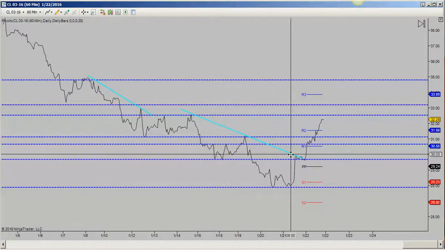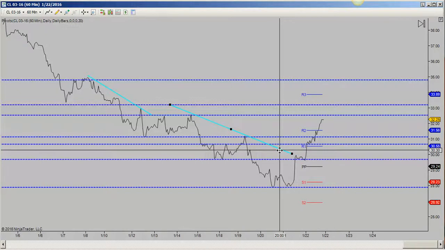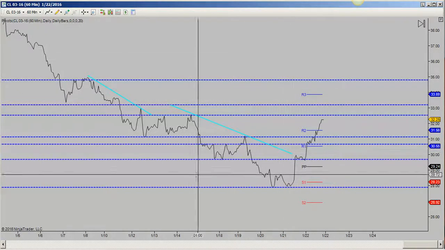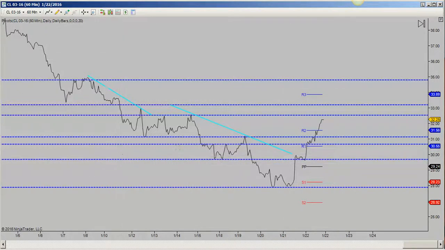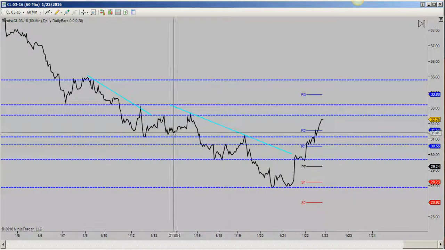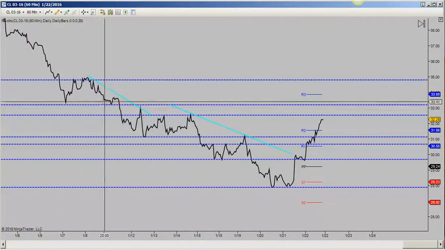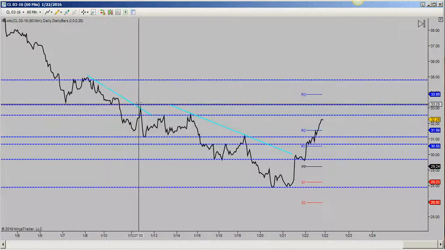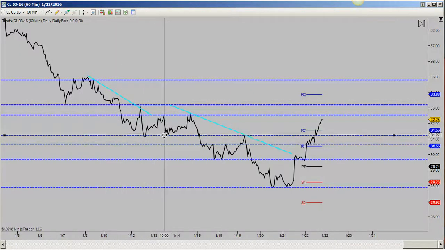All right. So remember, this is my 60-minute chart, and I'm using it to first identify where the support and resistance levels are. And this is really important because it tells you where you are in the trend.